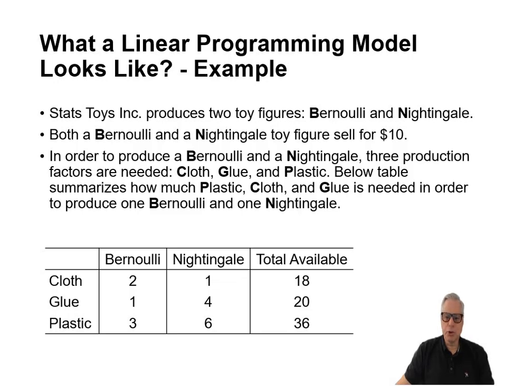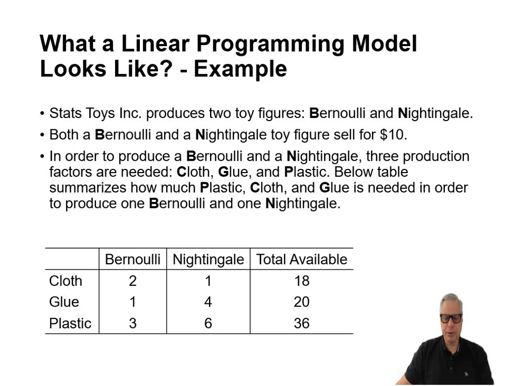And in order to produce a Bernoulli and a Nightingale, 3 production factors are needed: cloth, glue, and plastic. And the table below summarizes how much plastic, cloth, and glue is needed in order to produce one Bernoulli and one Nightingale. And it also shows the total available amount of those production resources.